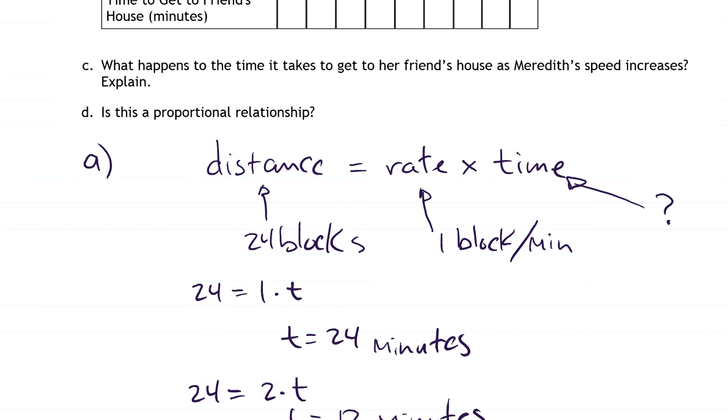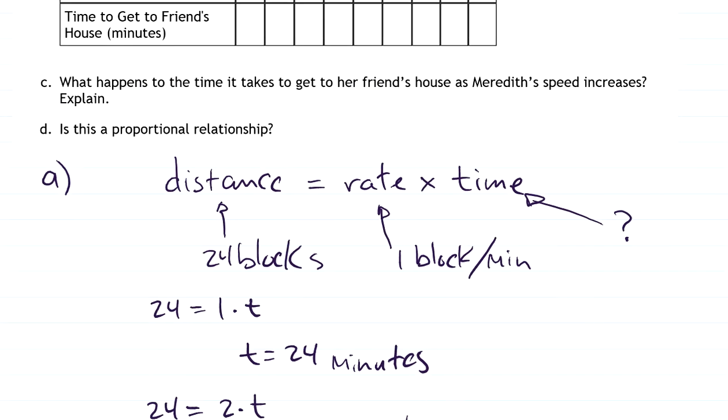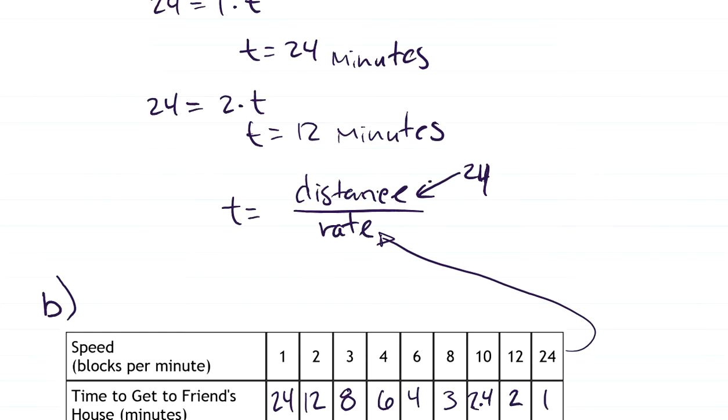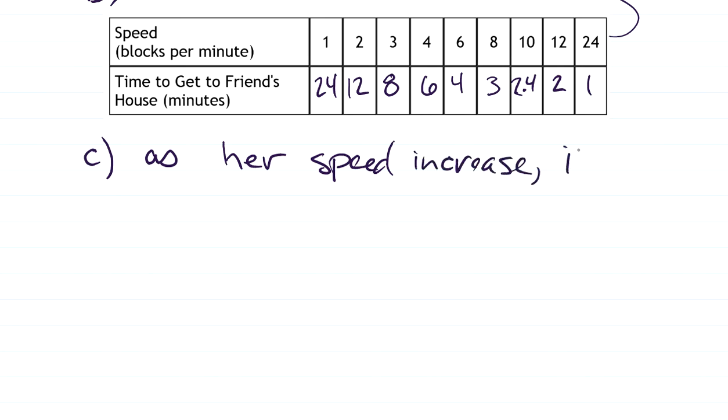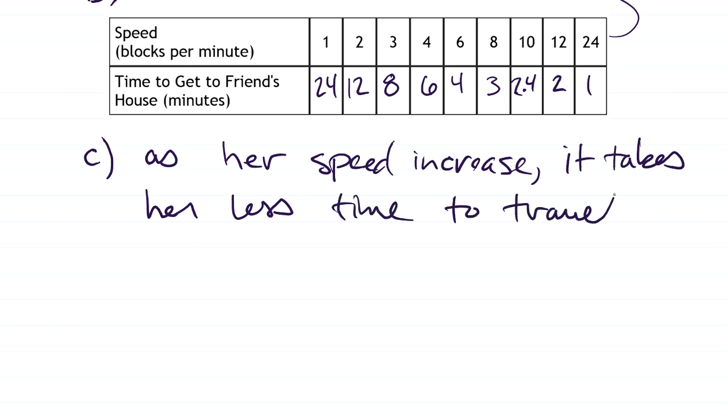Okay, let's see what question C asks. C says, what happens to the time it takes to get her to her friend's house as Meredith's speed increases? Oh, that's pretty straightforward. C, as her speed increases, it takes her less time to travel the 24 blocks because she's going faster, and the distance isn't changing.